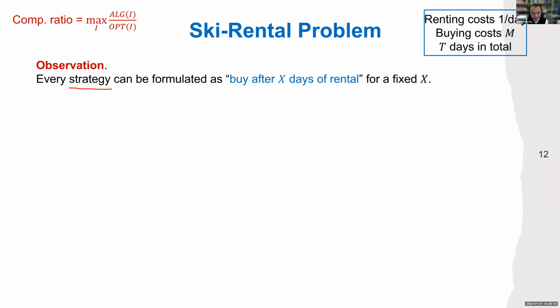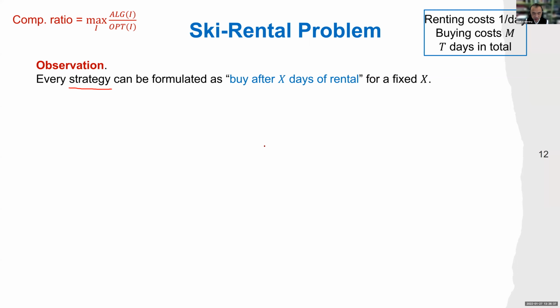So we only need to consider strategies like buy after X days of rental. They will never mix. You will never see rent, buy, rent, buy. You just need to rent, and at some point, you buy. That's it. So these are all the strategies you need to worry about.